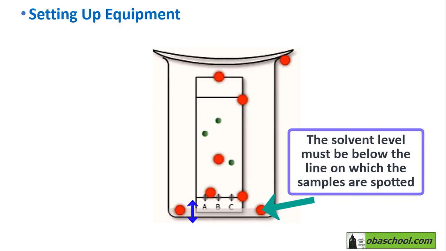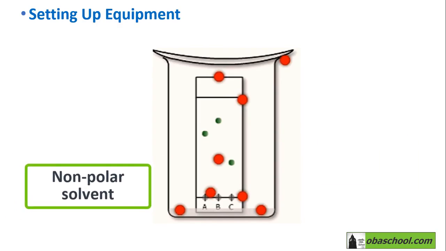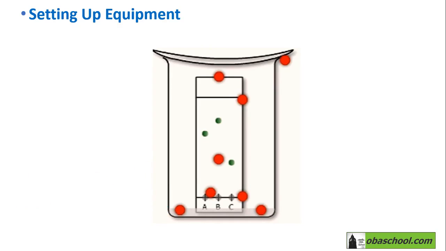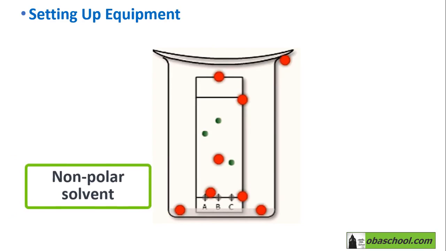So the line that we have drawn here, which includes A, B, and C, the solvent should be below this line. And one more thing, the sample is organic, less polar than water, so it dissolves better in organic solvents such as ethyl acetate. So we use a non-polar solvent.